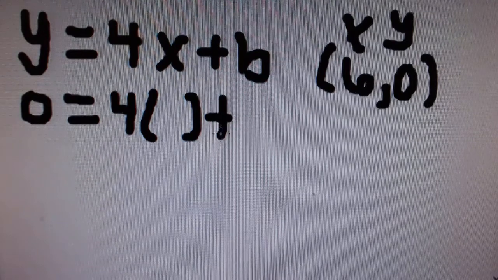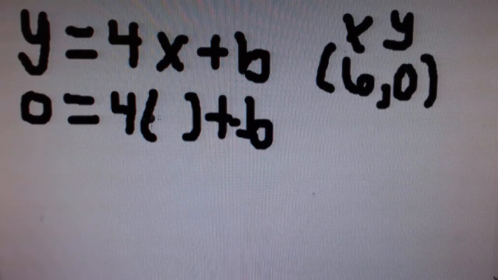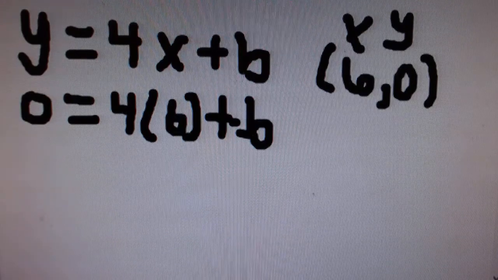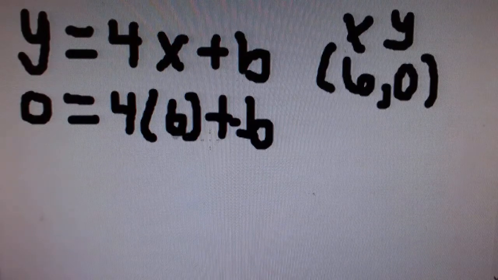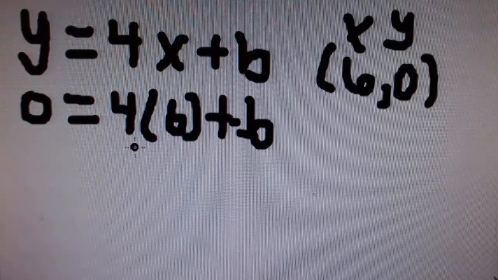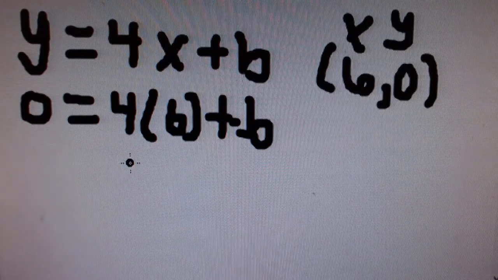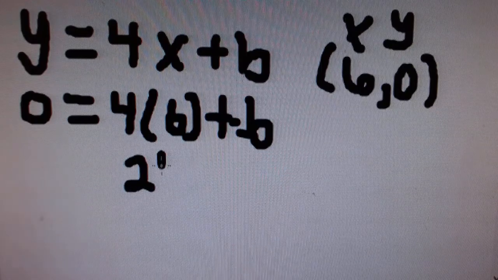Inside the parentheses, I'll substitute the x for 6. Just to clarify, this is the number 6 and this is the letter b, okay? I'll multiply 6 times 4. 6 times 4 is 24.